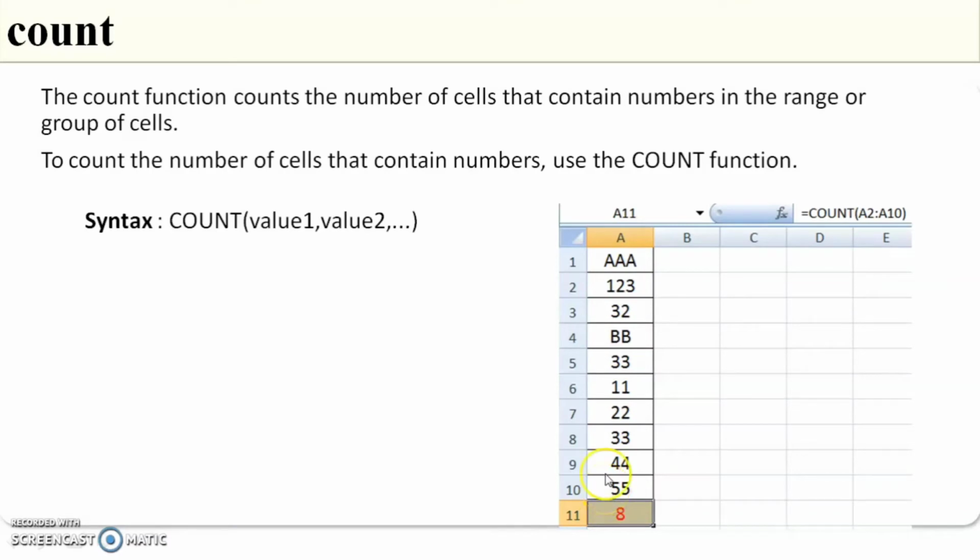The total numbers in this column are 1, 2, 3, 4, 5, 6, 7 and 8. So it counts the numbers in the range of cells.